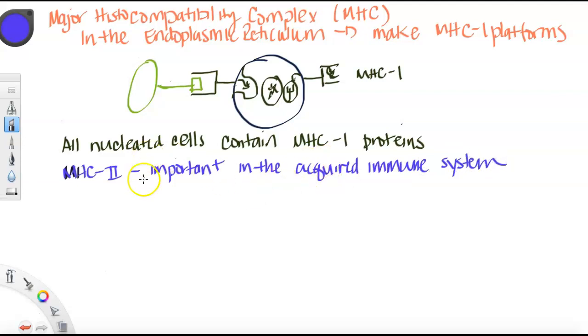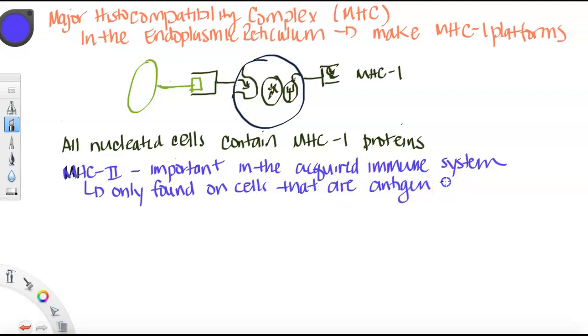They are only found on cells that are antigen presenters, or APCs. Okay, so antigen presenting cells.